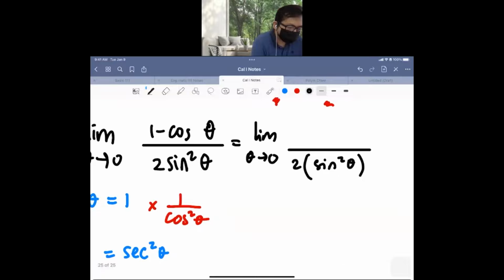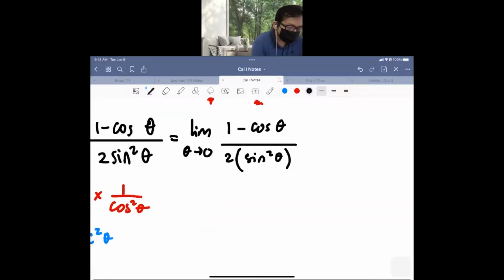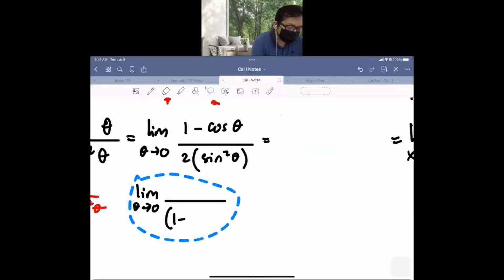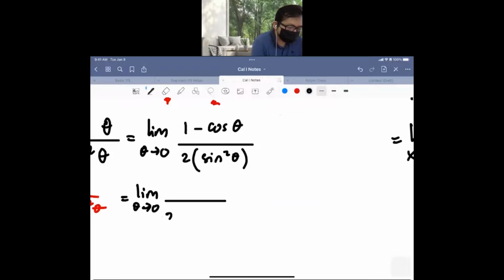Let me write with the brackets so you see where it is going. So sine squared, I will change this sine squared to 1 minus cos squared theta.